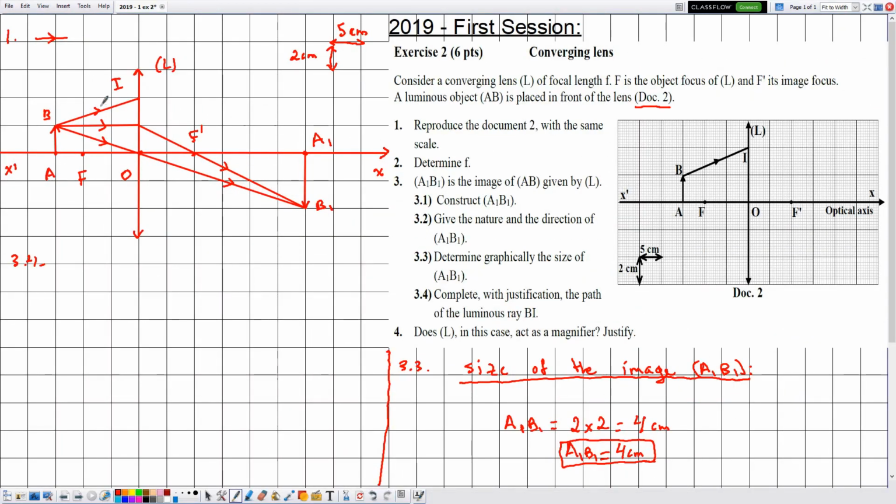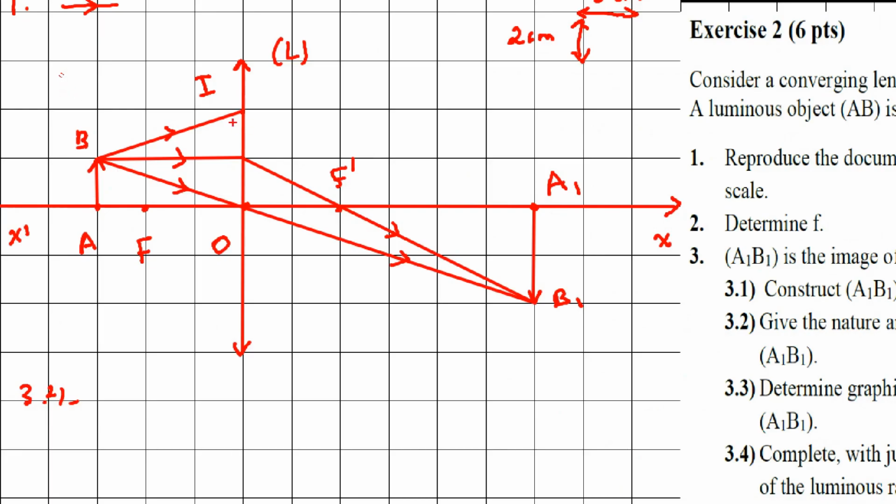So we need to trace the path of this ray and justify it. Notice that this ray is not a particular ray in a sense. It's not parallel to the optical axis, it's not passing through the optical center, and it's not passing through the object focus. So we don't know how to complete its path.